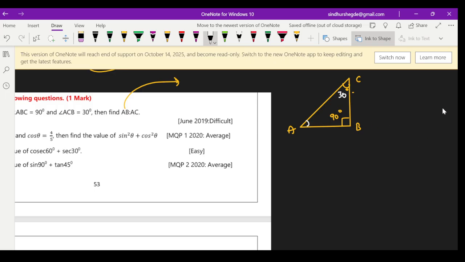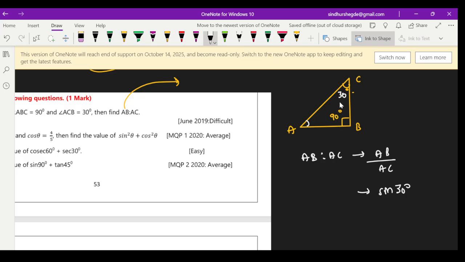AB by AC. The ratio is given, we have to find AB by AC. So AB by AC is equal to, I can write this as sine 30 degrees.